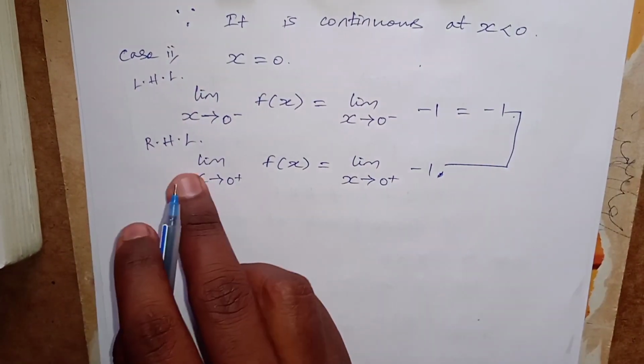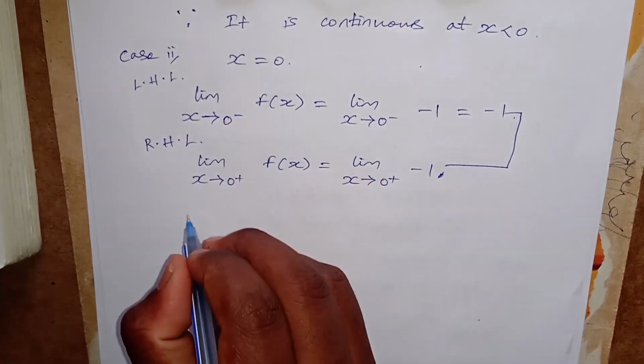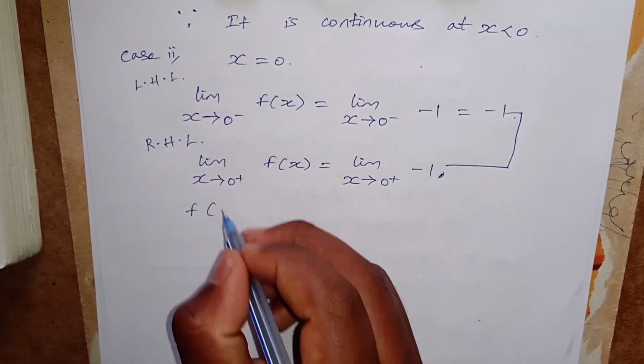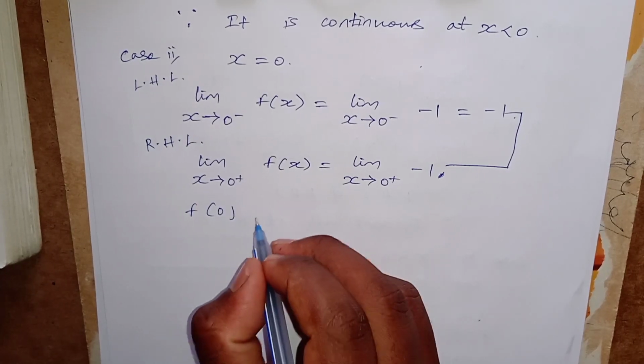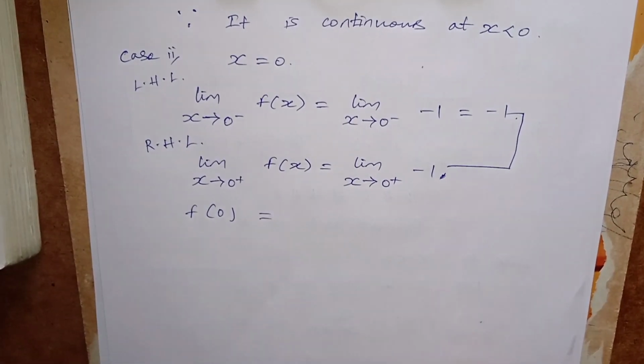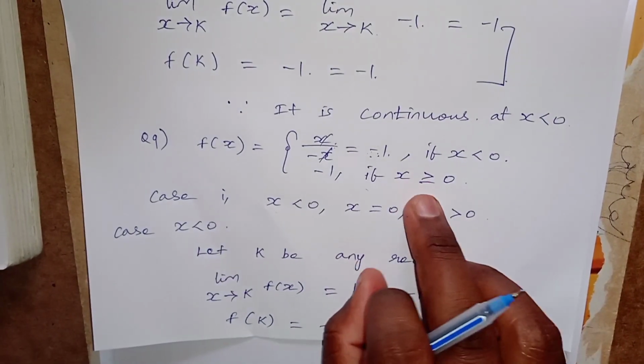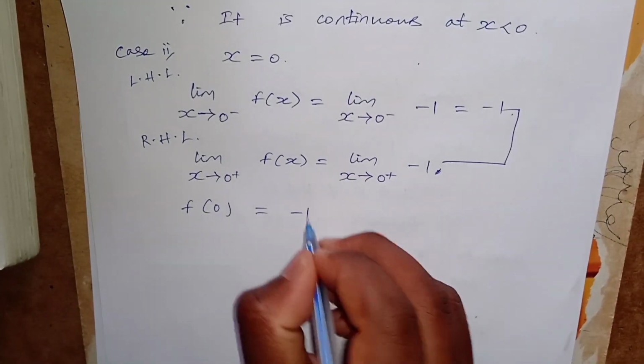The left hand limit and right hand limit are equal, then you have to take f of 0 at the point. At the point, for greater than or equal to, here also it is minus 1, therefore minus 1.